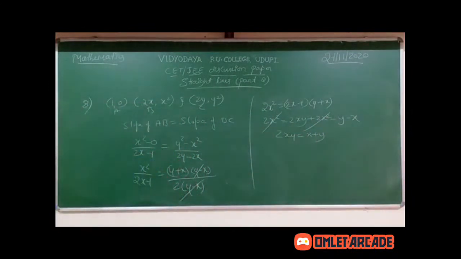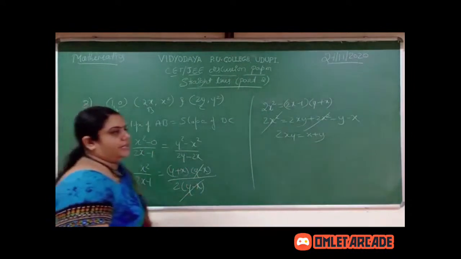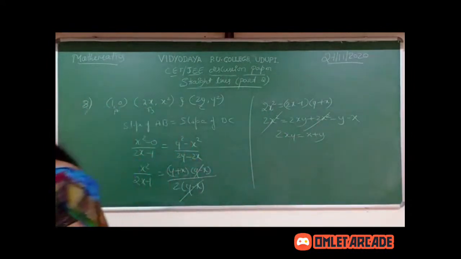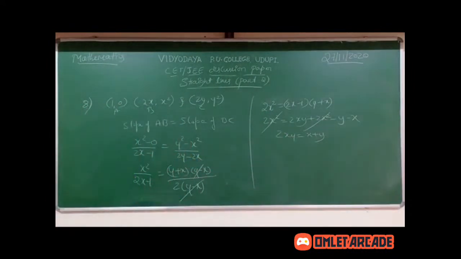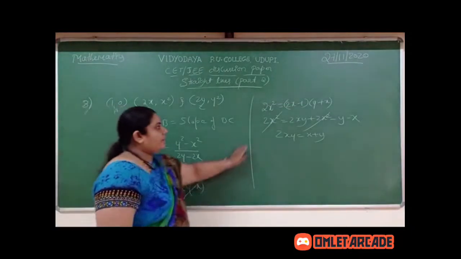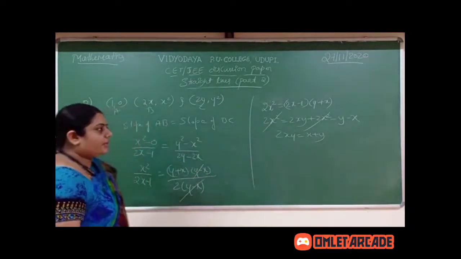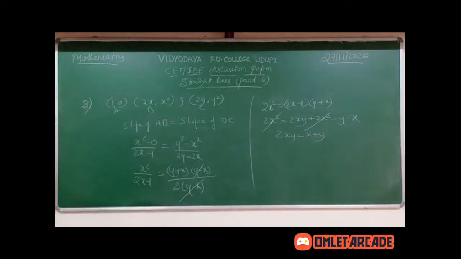When you use the concept of slope, automatically you will get the value of 2xy. You just observe, we are using the slope concept here. That is one of the easiest ways. So when you solve the equation, you are getting the 2xy value. So pause the video and note it down, students. Let me go to the next question.